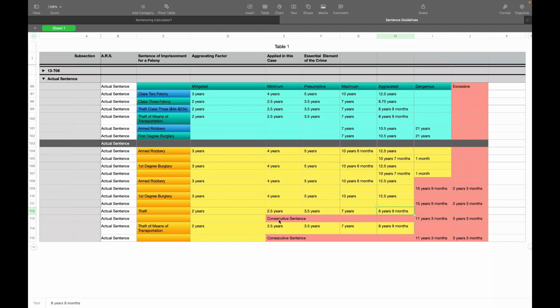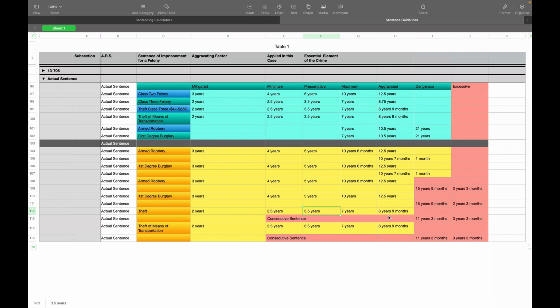And then the court ran the sentence consecutive. So from the presumptive, which was the baseline sentence that the court should have been considering, the court had to find some mitigation or aggravation to justify a sentence of 8 years. None has been presented here.